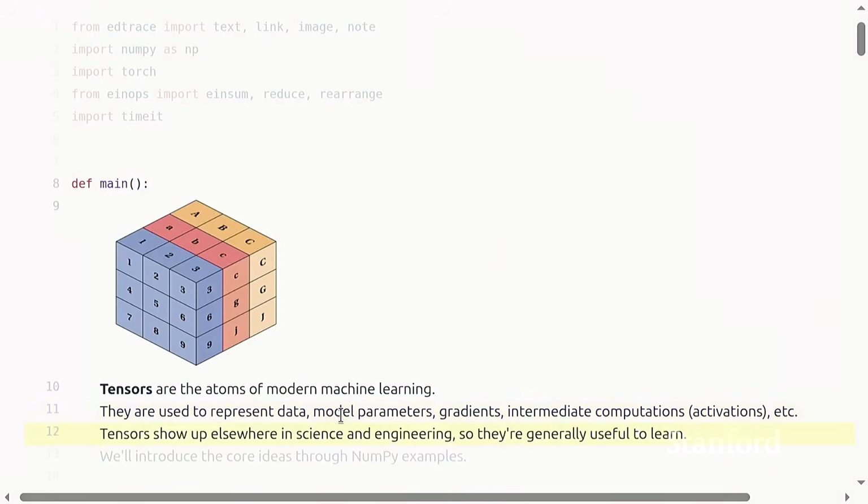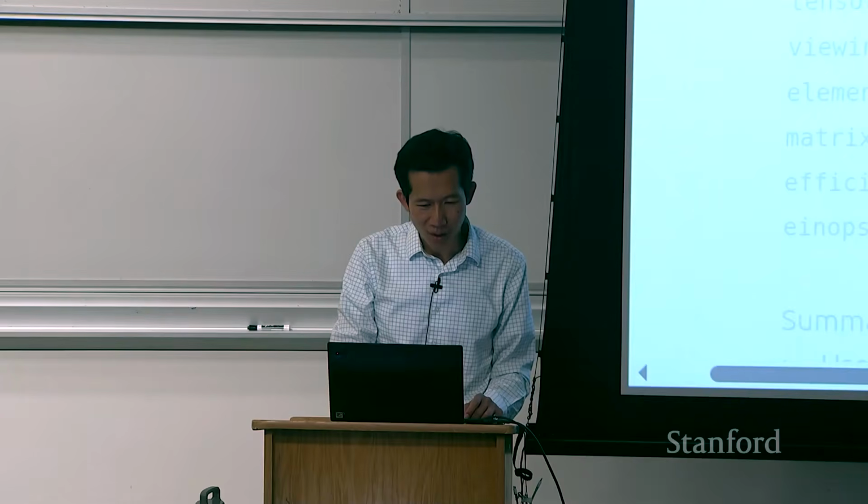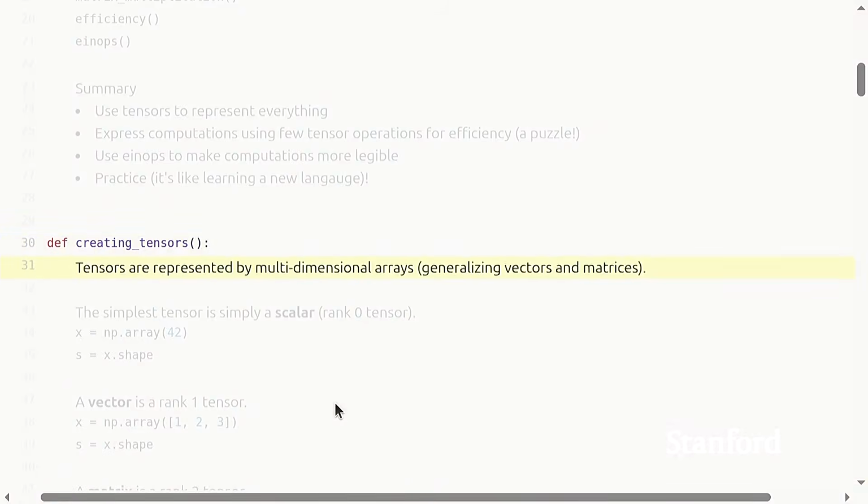And as I mentioned earlier, tensors also show up very broadly in science and engineering. So even if you're never going to do any AI in the future, this is still probably a useful lecture to learn some of these foundations. So in this lecture, I'm going to introduce some of these core ideas through NumPy examples. Okay, so let's start with creating tensors.